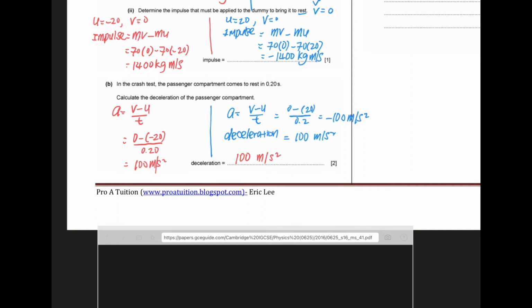But for deceleration, you remove the negative. They remove the negative because they don't want a negative answer. The other thing is deceleration already means slowing down, so there's no need to put the negative anymore.